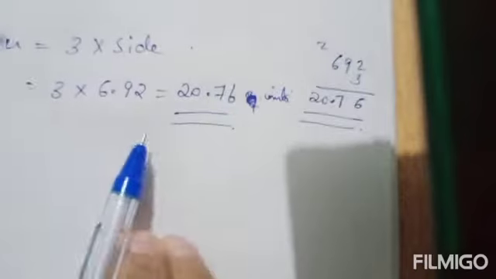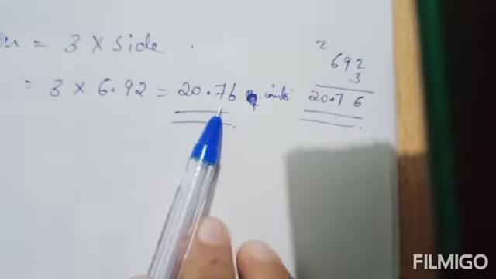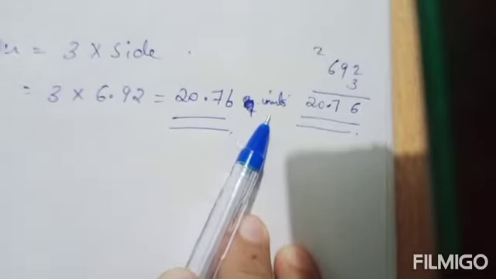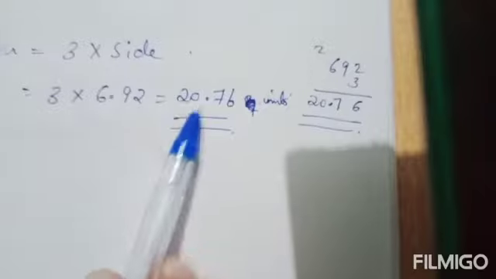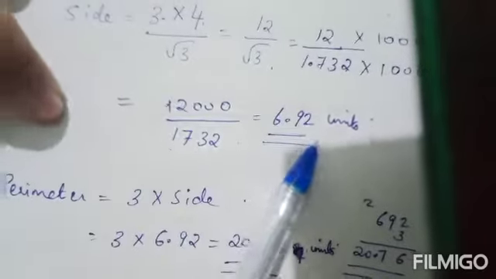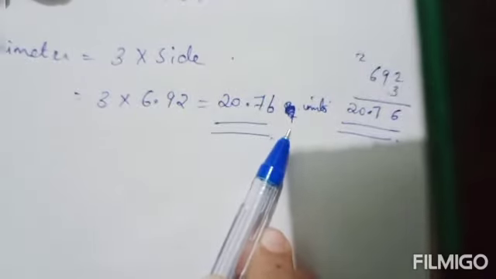So perimeter of the equilateral triangle is 20.76 units. Here in the question no unit is given, so you can just write units for both the side and the perimeter. Side equal to 6.92 units, perimeter equal to 20.76 units.